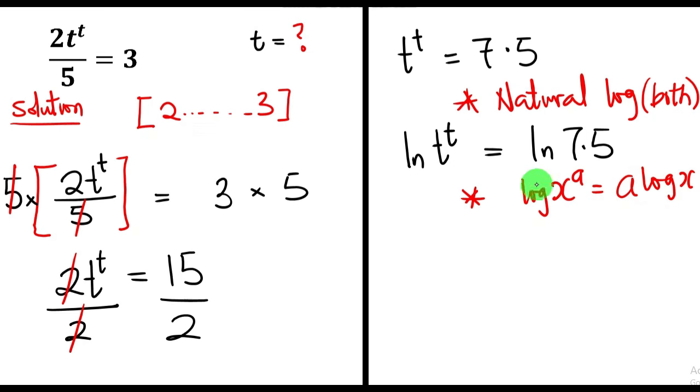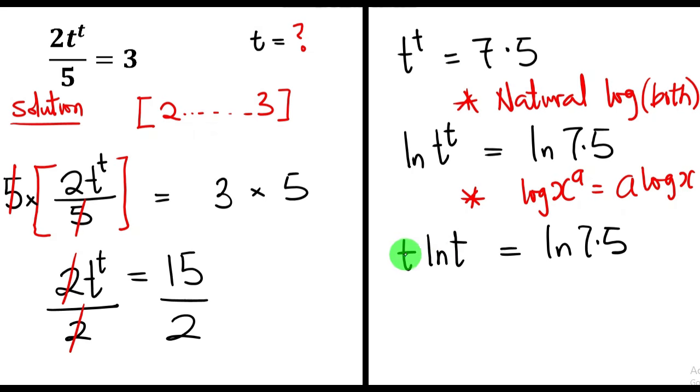Applying the same thing to the left hand side here, I'm going to have t ln t equals ln 7.5. At this point, what I actually need at my left hand side here is just only t. So I don't need ln t here.